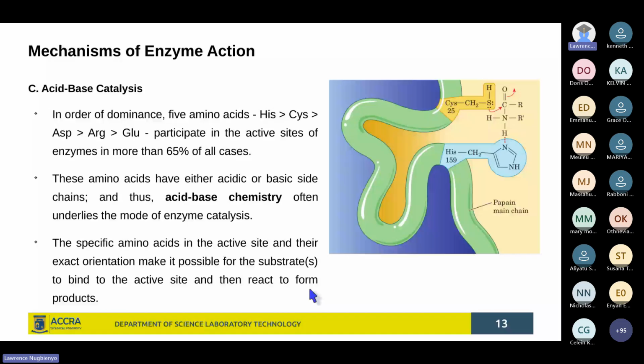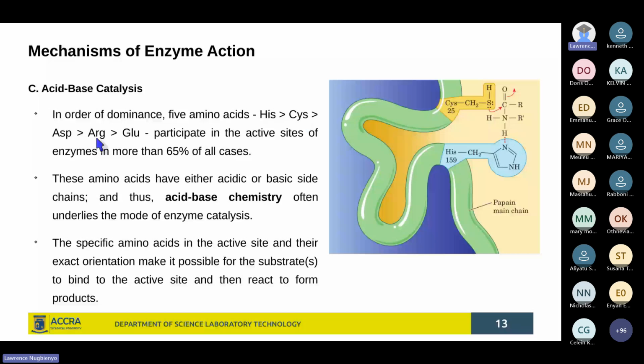Now, enzymatic studies have revealed that 5 of these amino acids are dominant in the active centers of enzymes, and these are histidine, cysteine, aspartic acid, arginine, and glutamic acid.